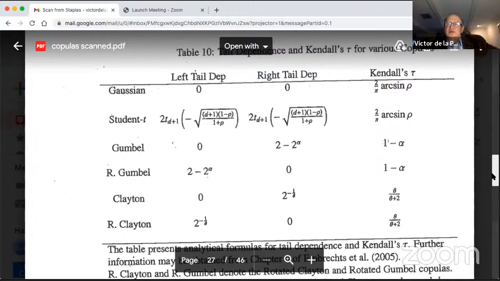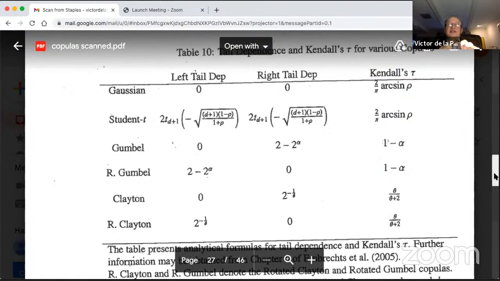So the idea is as follows. Conceptually, this is what we do. We have a scatter plot. From that scatter plot, we have a joint distribution that is inferred, and we look at the copula that is related to that scatter plot.